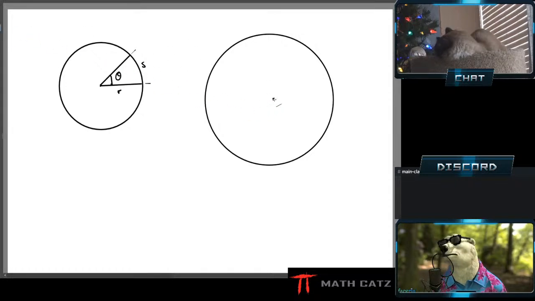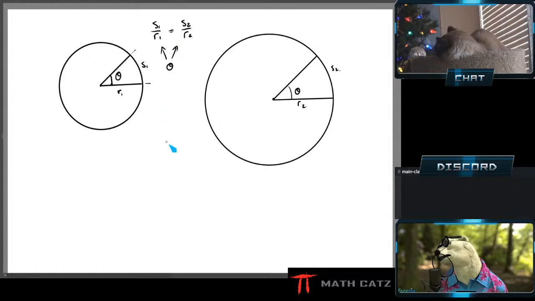Suppose that's the center, and we have the same angle, more or less. I'll label it, and then let's say R1 and S1, new radius, new arc length, but they're all the same. Arc length over radius is consistent if the angle is the same. Then both of these point to the same angle. That's the radian measure.